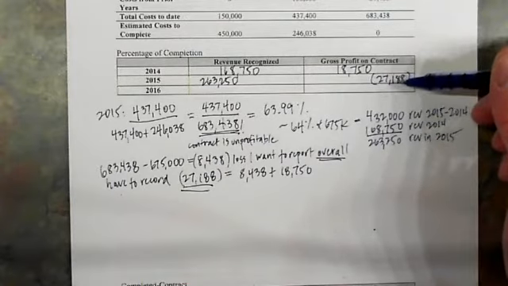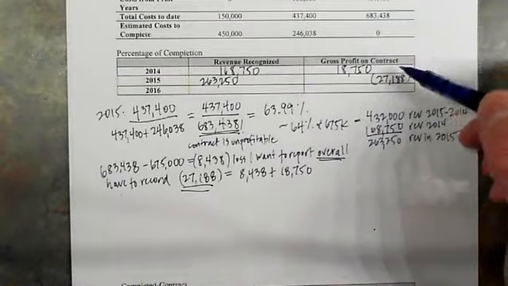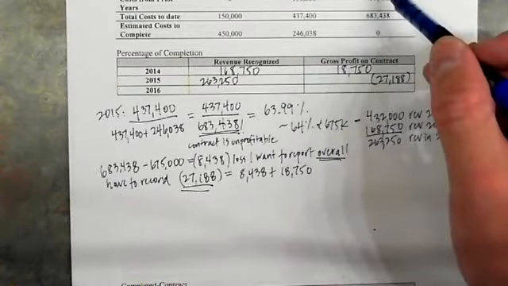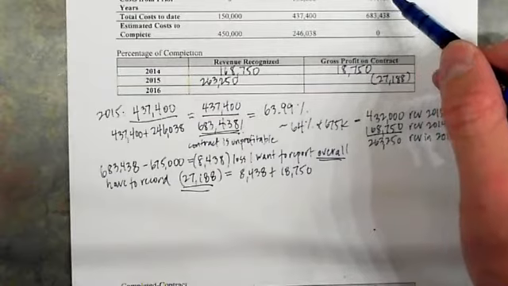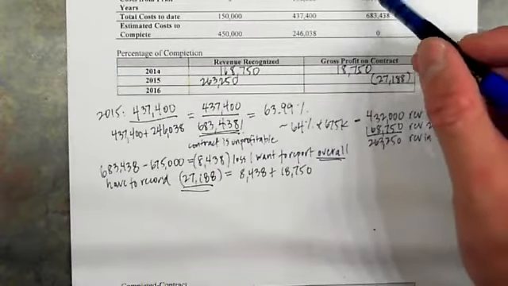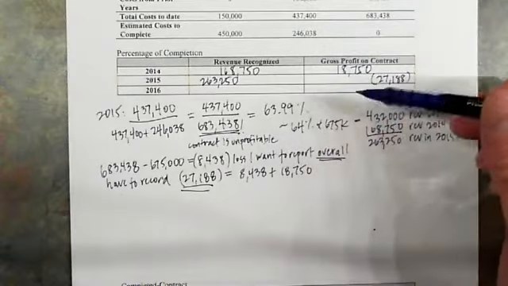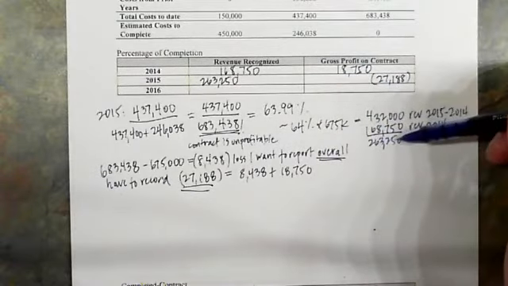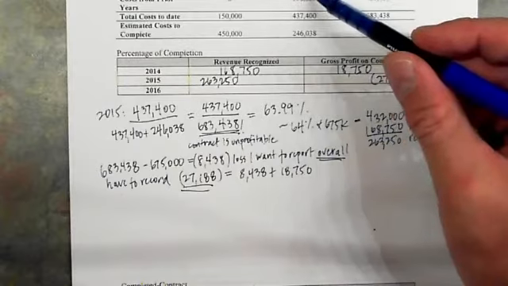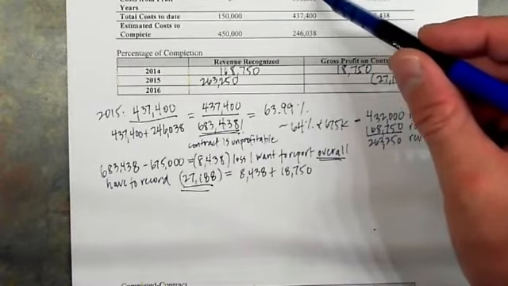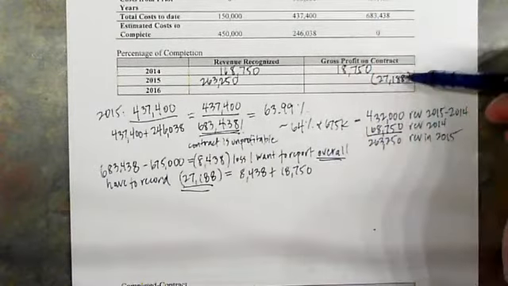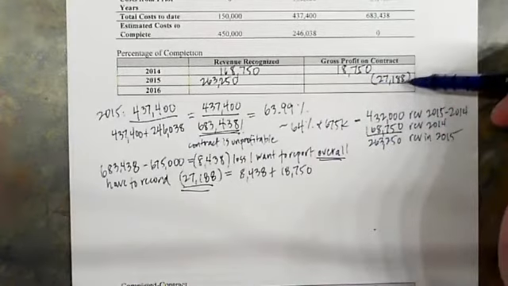Now, how am I going to do that, right? Well, I'm going to do that because I'm going to accelerate some costs from 2016 into 2015. And I notice that if I take 263,250 and subtract off 287,400, I'm not going to quite get my desired overall loss.